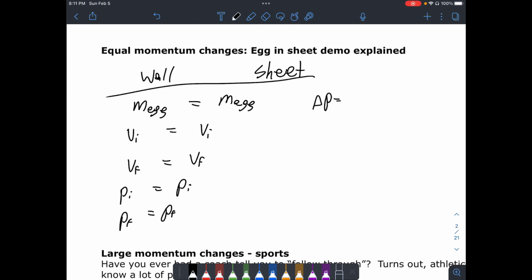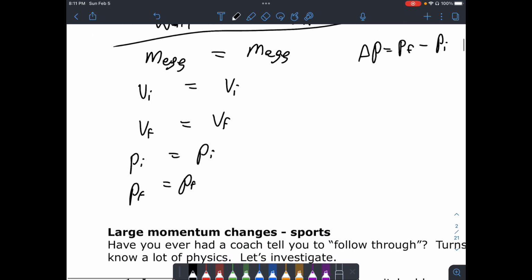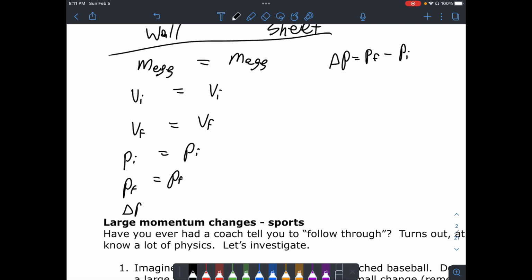Now further, we know that our change in momentum is our final minus initial. And so we know that our changes in momentum are going to be the same.